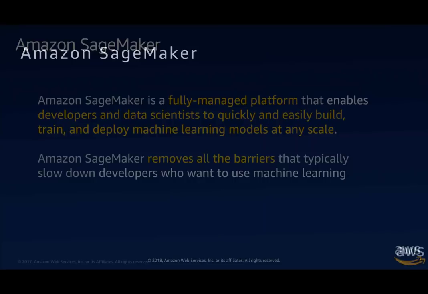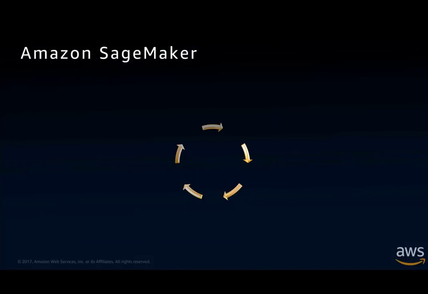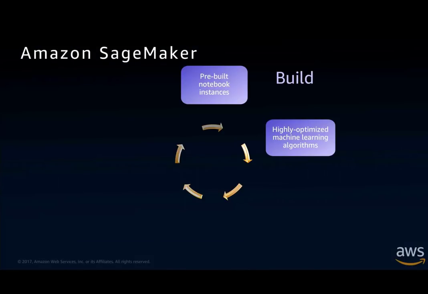And so if we dive into it a little bit, we'll see the three phases that I mentioned: build, train, and deploy. How does SageMaker really help you with that? First off, it provides you with built-in notebook instances, so you can get started very, very quickly. The notebook instances come pre-installed with most of the major deep learning frameworks.